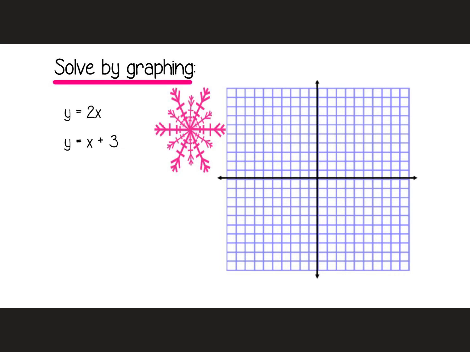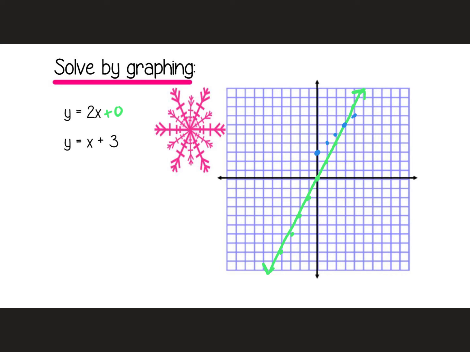Next up, same thing, we're still just graphing, looking for where the two lines intersect. In the top one, the y-intercept is 0, and the slope is 2. So I'm going up 2 over 1. In the next line, the y-intercept is 3, and the slope is 1.